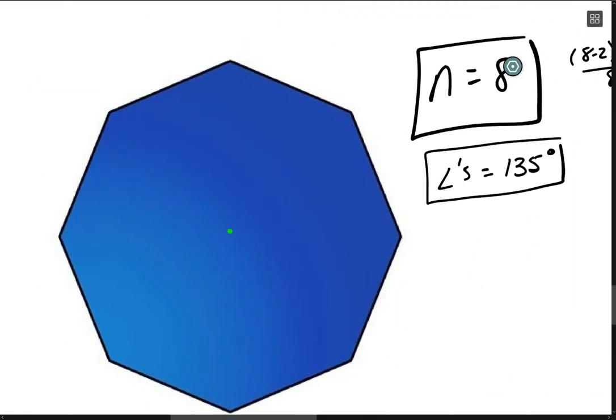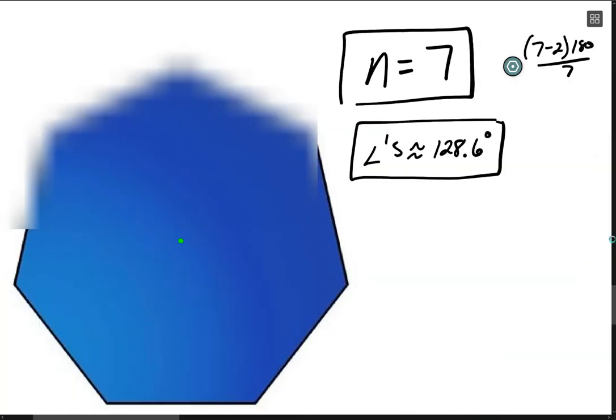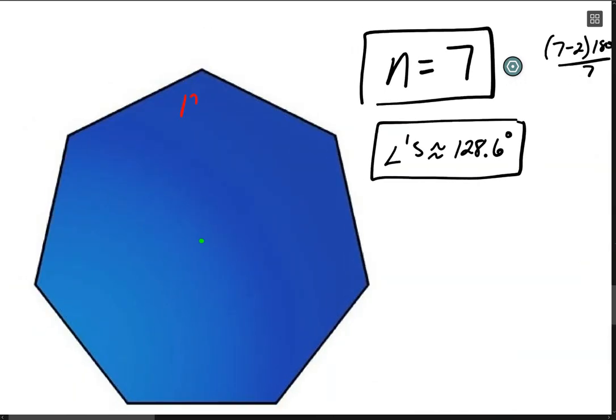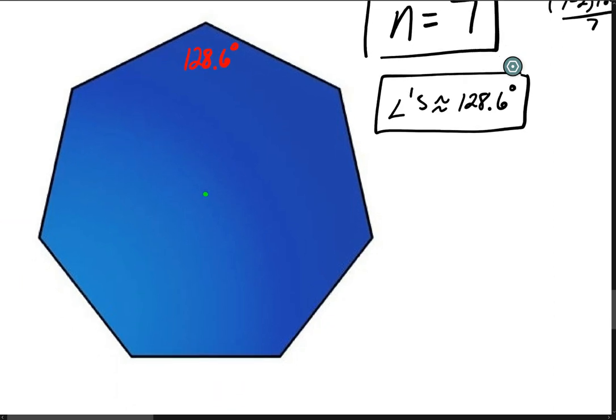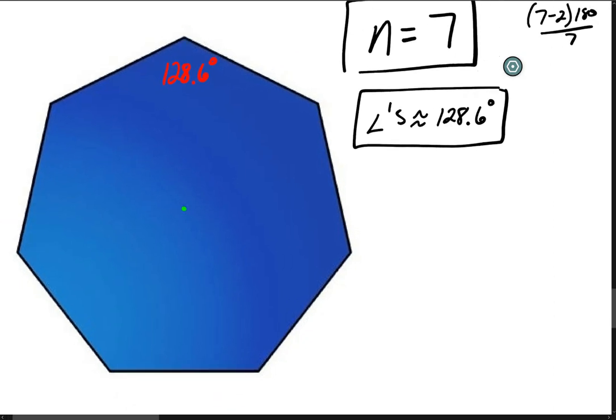All the rest of them, I'm probably going to have to use what? SOHCAHTOA. Trig functions. In fact, we won't even do the seven one, okay? I don't think there are any on there, but if there is, we would just use 128.6.